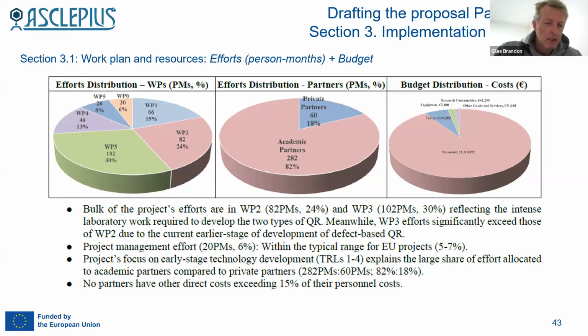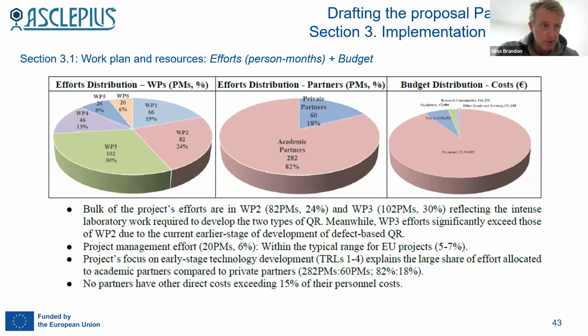Then for the remaining work packages in this figure, work packages 1, 2, 3, 4, these are the scientific and technical ones. You don't have to have an exact balance, an even distribution of person months across the scientific and technical work packages.